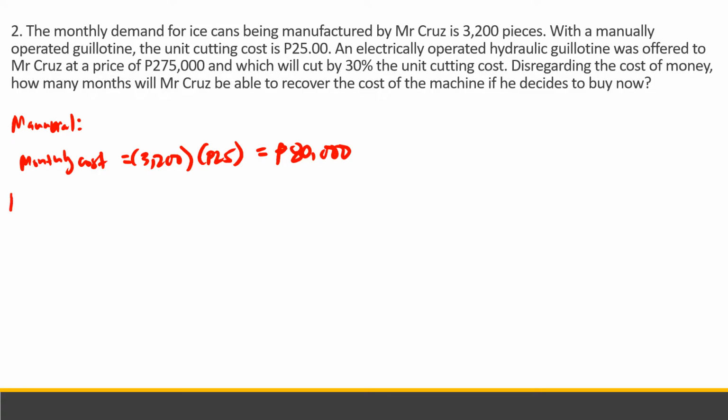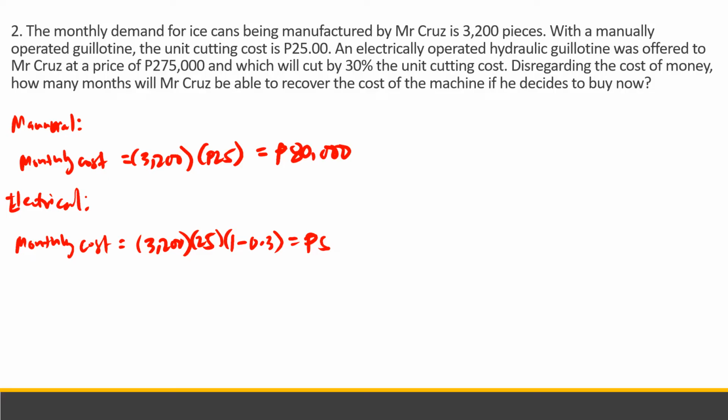So for electrically operated, the monthly cost is equals to 3,200 times 25 multiplied by, so it is reduced by 30%, so 1 minus 0.3, or multiply mo ng 0.7, which is equals to 56,000.